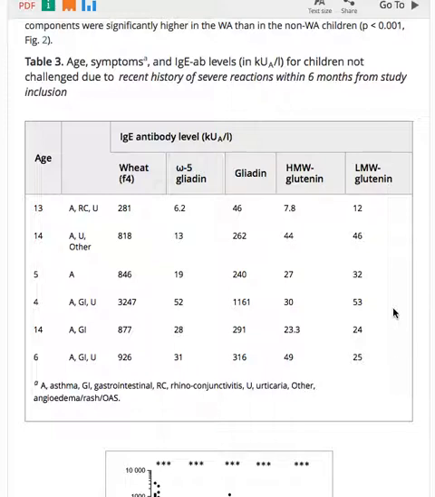So the levels of the omega-5 gliadin, the antibody level specific for the gliadin, the higher molecular weight glutenin, and the lower molecular weight glutenin were all high in association with children who have been diagnosed with a wheat allergy. When they were tested with just a wheat extract, it showed that they had higher levels, but they weren't reacting specifically to the wheat.